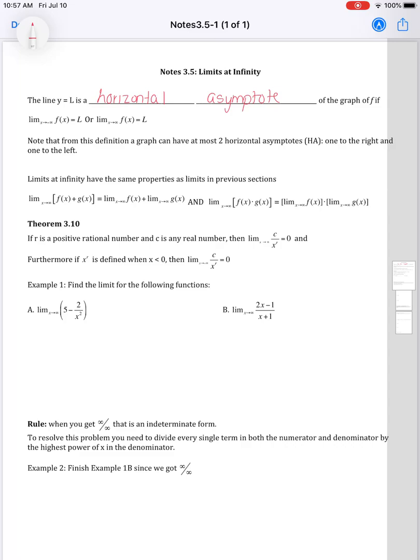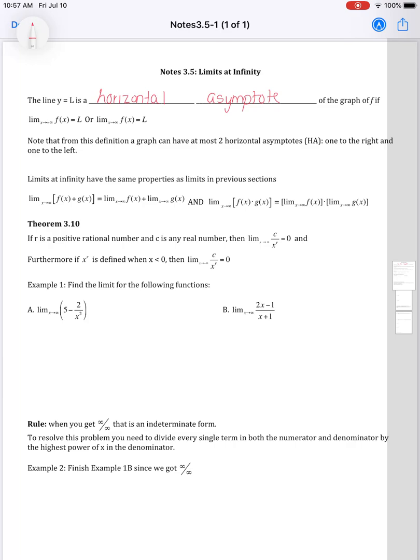Some properties here are going to be used, but basically we had learned in section 1.5, with one of the properties, I think it was the third one, that anytime you have a number divided by a variable and you are approaching infinity, the value is equal to 0. So that is where theorem 3.10 comes from.